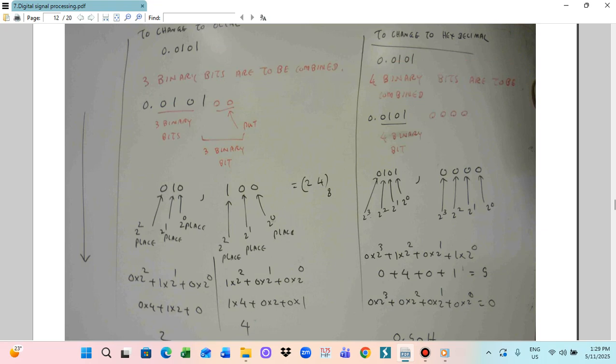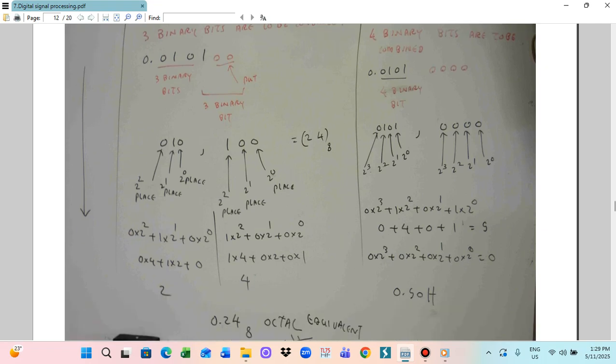Similarly 100: 1 multiplied by 2 square plus 0 multiplied by 2 power 1 plus 0 multiplied by 2 power 0 gives 4. So that is 2 4, so the octal equivalent is 0.24 base 8.